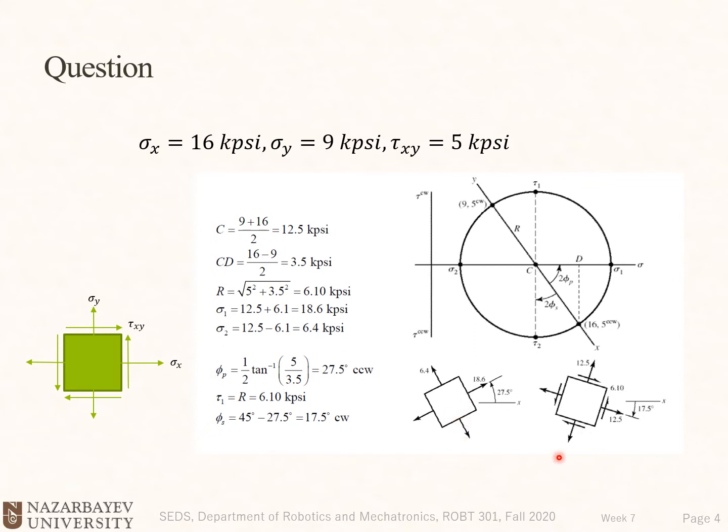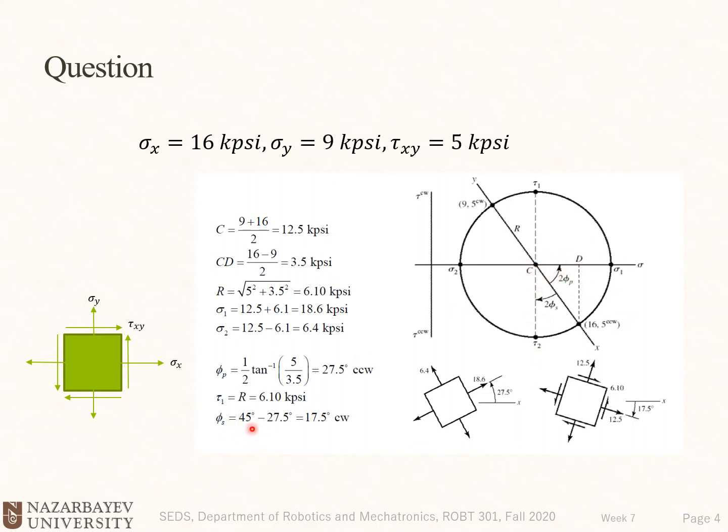Now we want to find a principal shear stress element. What we need to do is find phi s, to see how much we need to rotate the applied coordinate system, and we see that 2 phi s plus 2 phi p is equal to 90 degrees.